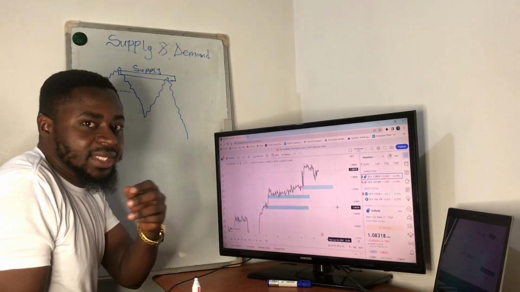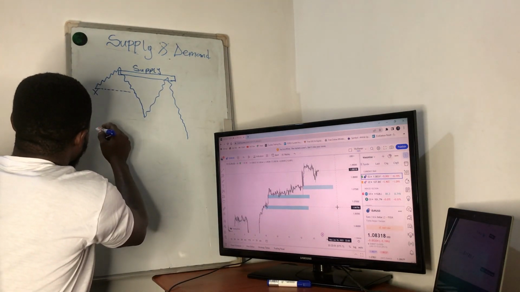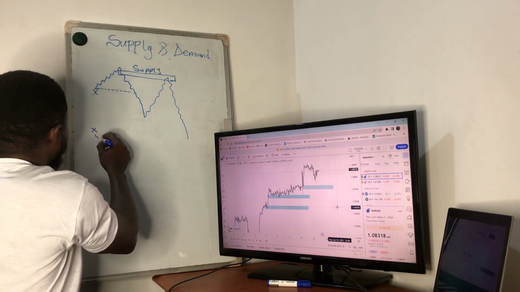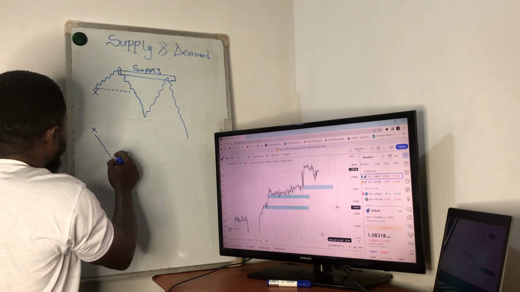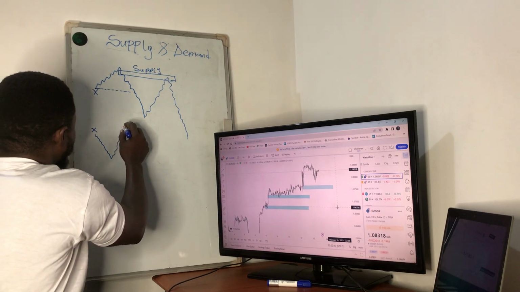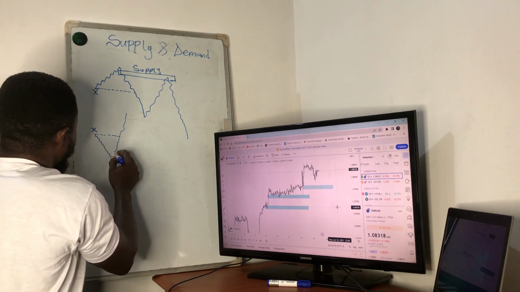Now let's look at demand. Let's say this is point X. Let's say price drops beautifully and then trades back upward, taking out this high over here.